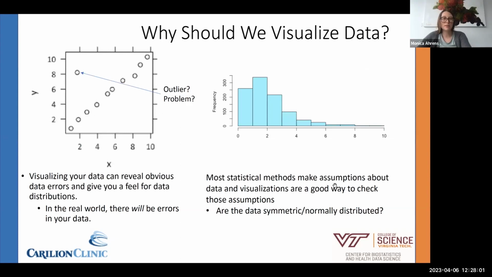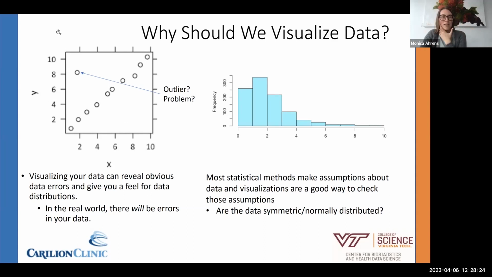Yeah, and so now I'm going to talk a little bit about why we should visualize the data and why it's so important. And I think this step can also sometimes be perceived as a roadblock to the finished result, but it's very important to do it because of the examples I'll talk about. So the first thing visualizing data can do is reveal a really obvious error in your data.